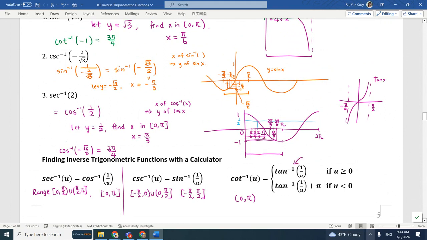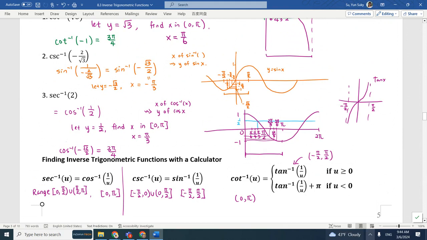So for arc tangent, the range is minus pi over 2 to pi over 2. So you see they are different. That's why we have to split into two cases.